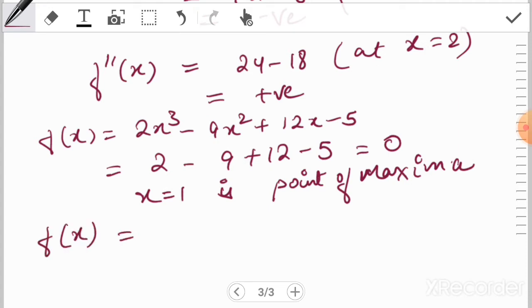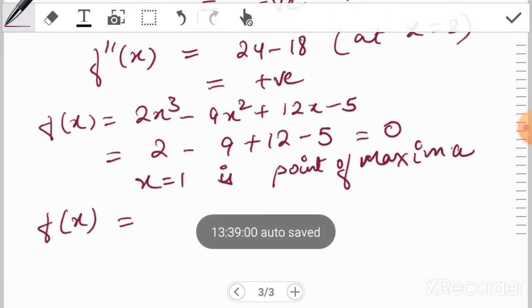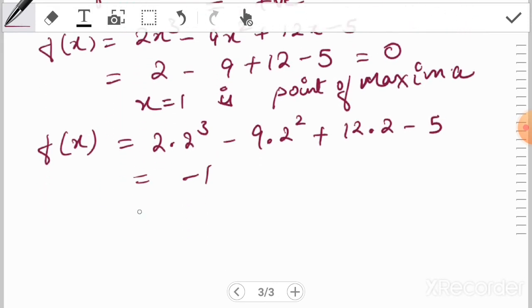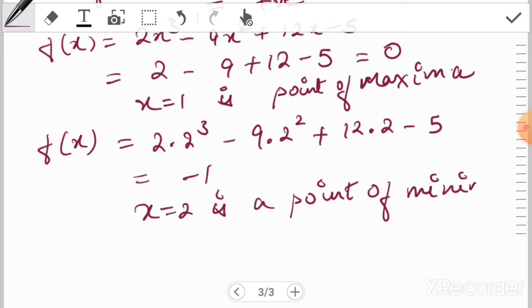Again, at x is equal to 2, we have 2 cube minus 9 times 2 square plus 12 times 2 minus 5, which is equal to minus 1. So x is equal to 2 is a point of minima and the minimum value is minus 1. So this is the working rule to find out the maxima and minima of f(x).